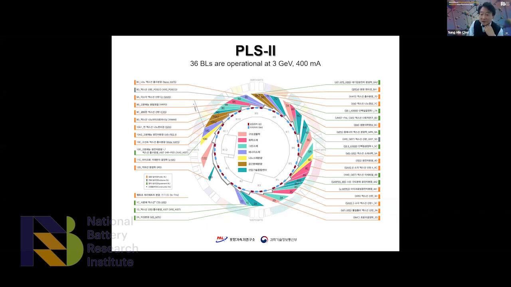This is the brief introduction of the neutron and synchrotron facilities in Korea. There is another activity going on, to build another synchrotron source near the Daejeon area. We are looking forward to having it soon.